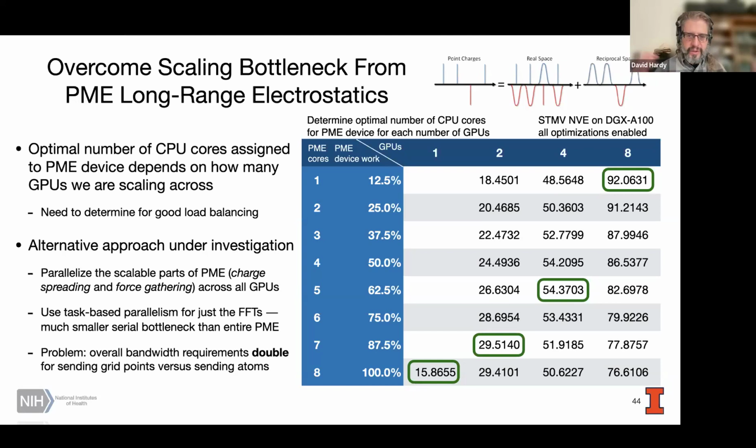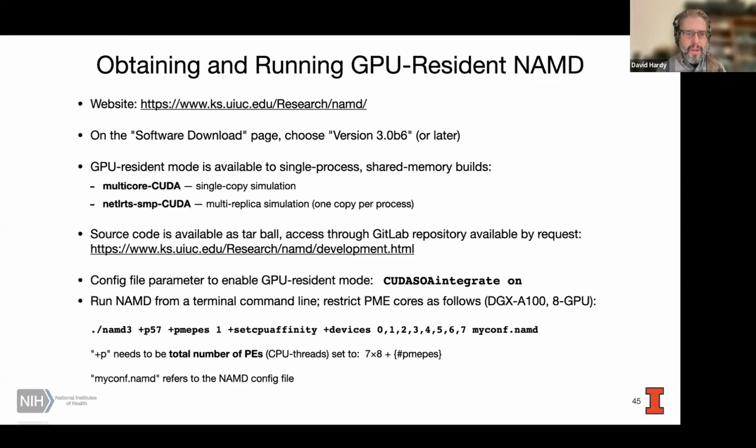That one GPU device calculates everything. But it starts to matter how many cores you assign to that PME device when you have 2 or 4 or 8 GPUs. And so we crunched the numbers here to determine what the optimal work assignment for the PME device would be. And then that table presents it.